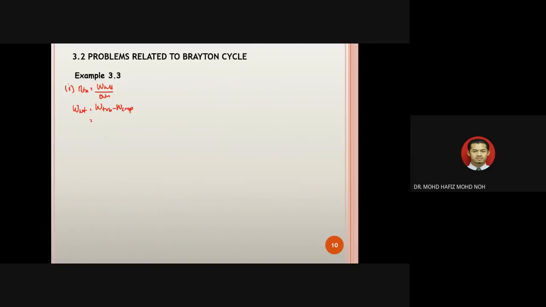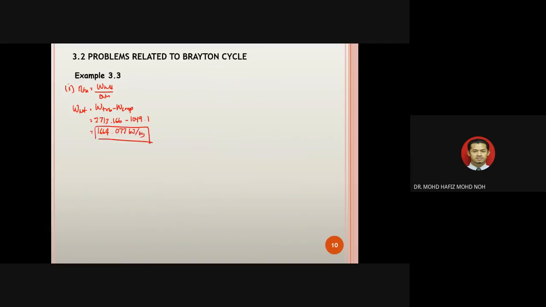W turbine basically is equal to 2713.166, minus W compressor, which is 1049.1. So we have here W net equal to 1664.077.